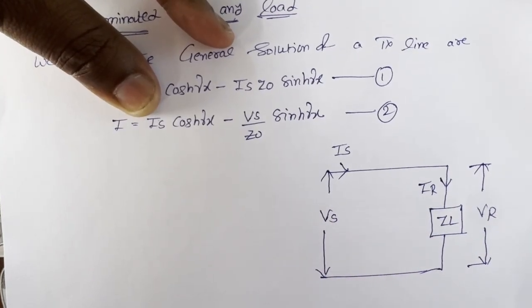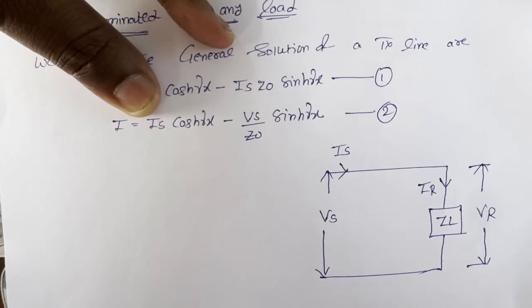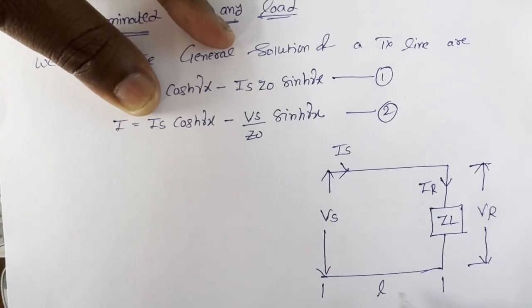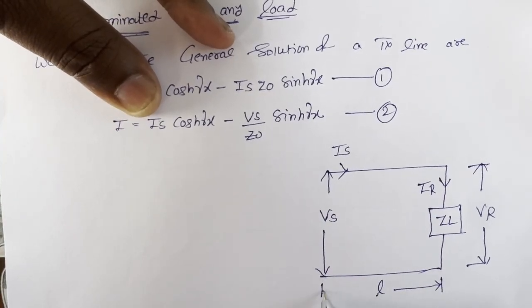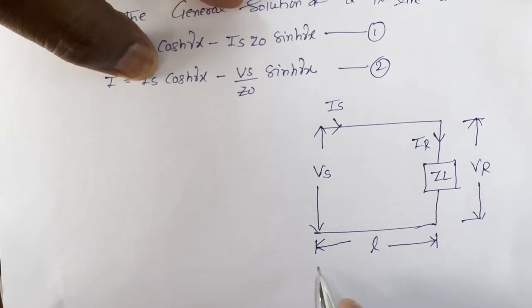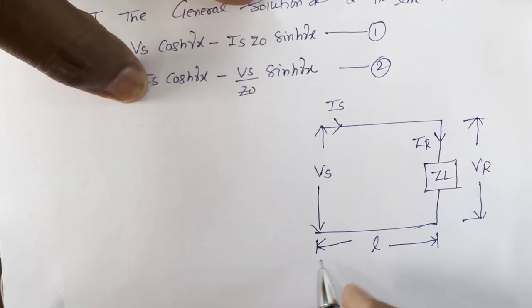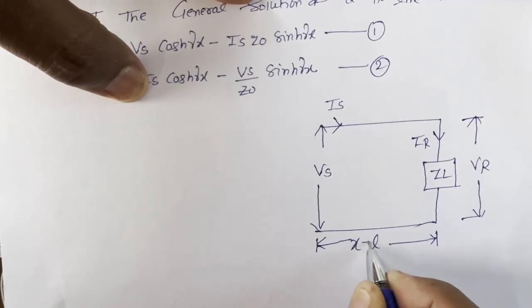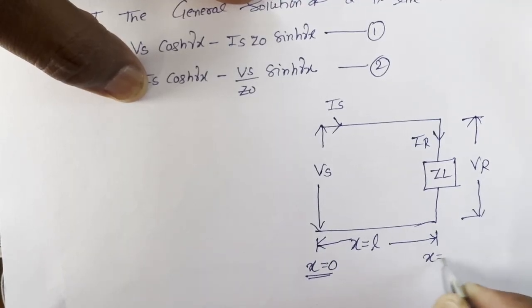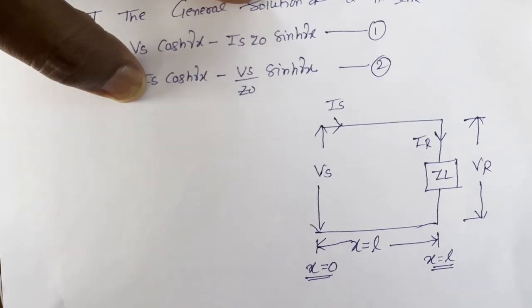I am assuming those parameters like that, and at the same time I am assuming the length of the transmission line is L. L is the length of the transmission line. The value of x is 0 at this point and the value of x is L at this point.